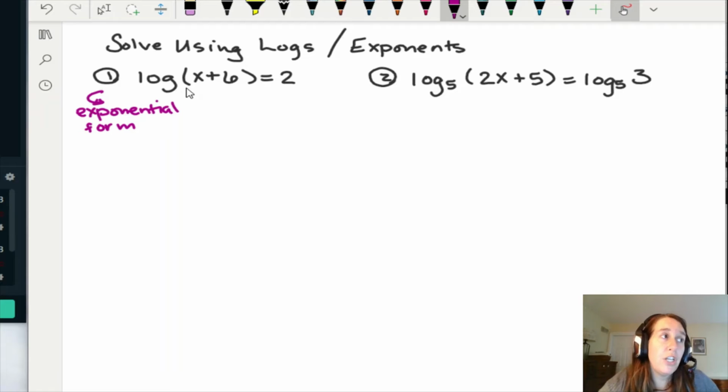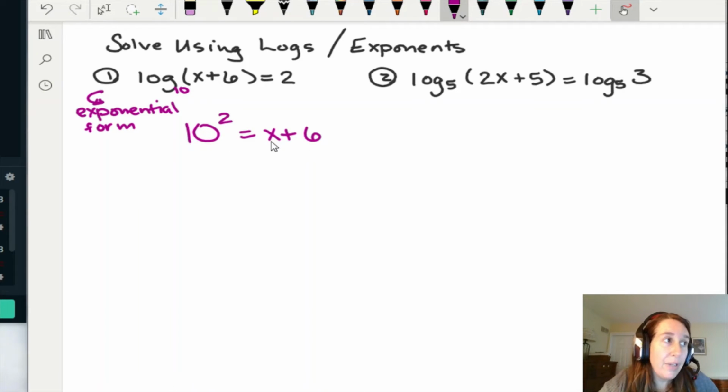To change this to exponential form, we have to know that this base is actually 10, don't we? So the base stays the same as 10. And then remember, x plus 6 and the 2 switch locations. The 2 is the exponent, and the x plus 6 is the answer, or solution.